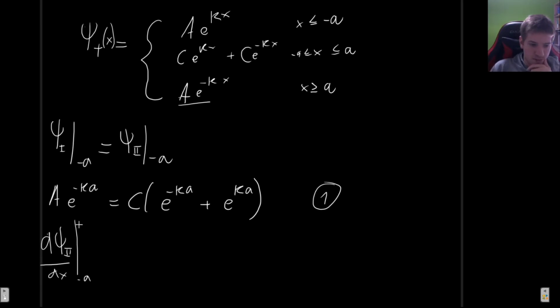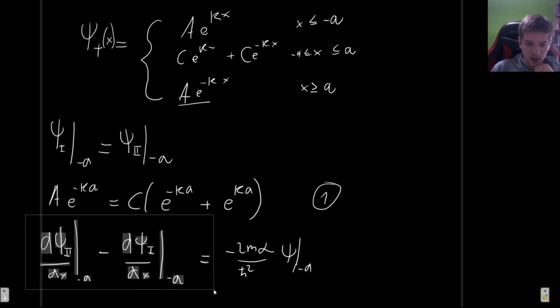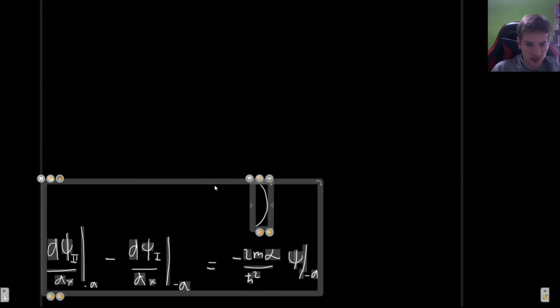So it's going to be just evaluated at -a minus dψ1/dx evaluated at -a, and this has to be equal to -2mα/ħ² times the wave function, either one of them, evaluated at -a. But it doesn't matter which one because they are the same because of this continuity.